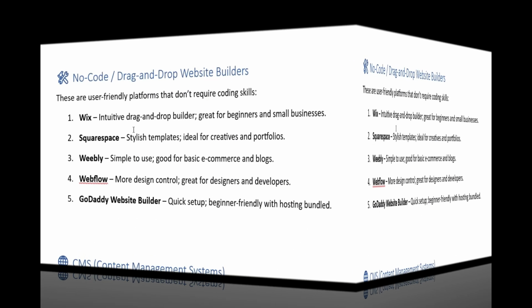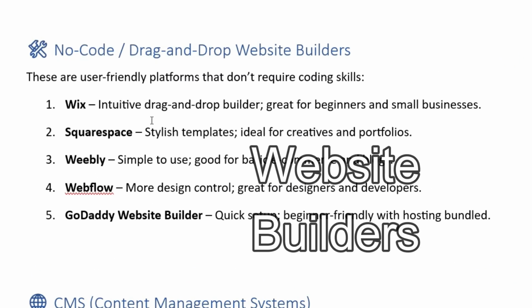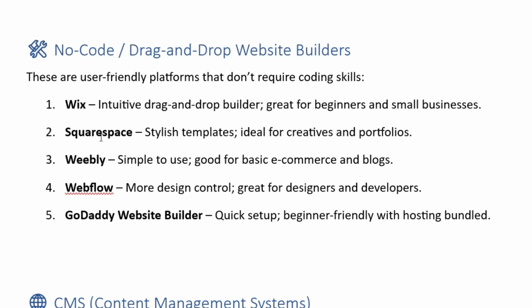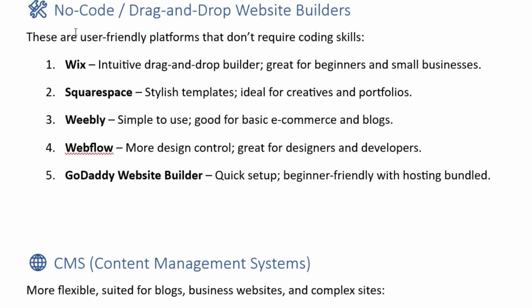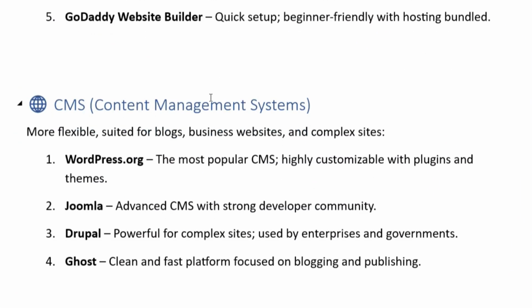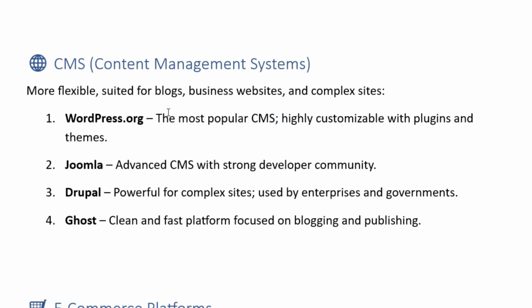The first and foremost will be the website. The website can be designed by the no-code drag and drop builders: Wix, Squarespace, Weebly, Webflow, GoDaddy. So this is the no-code website. Now we can see the CMS, Content Management System: WordPress, Joomla, Drupal and Ghost.